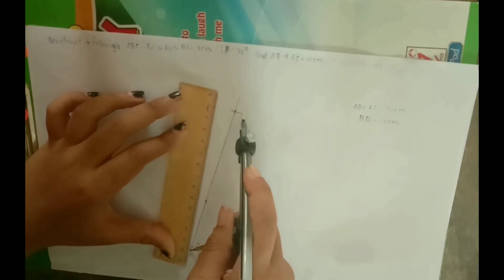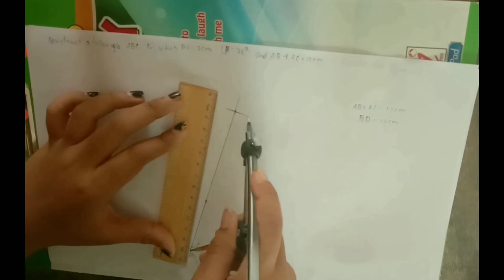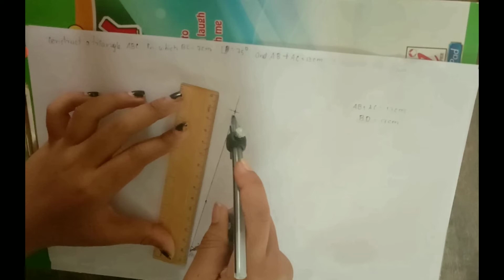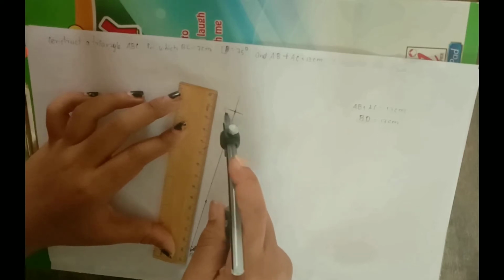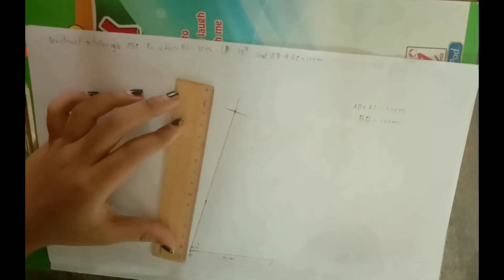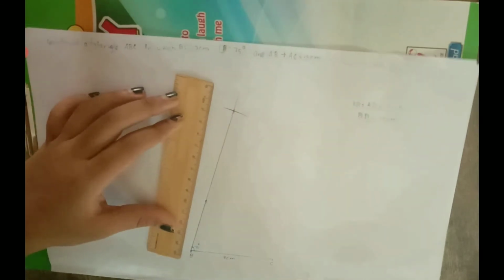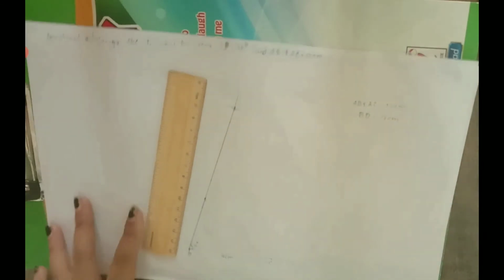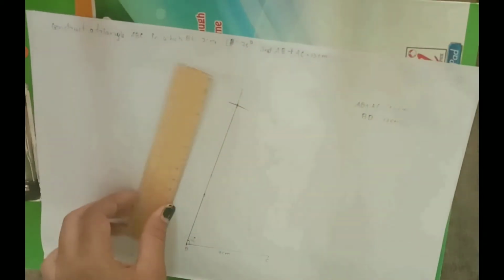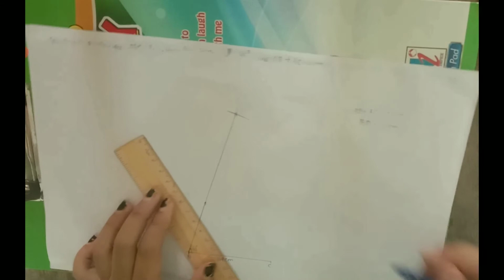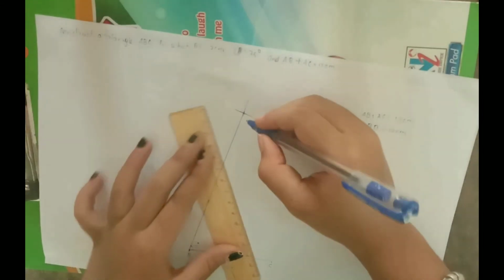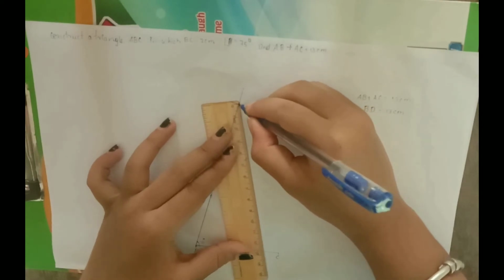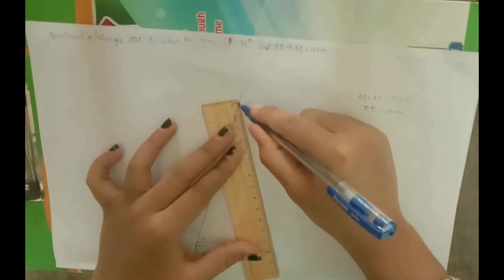So now you get a point D, that is BD equals AB plus AC, which is equal to 13 centimeters. Now join that point D to C.